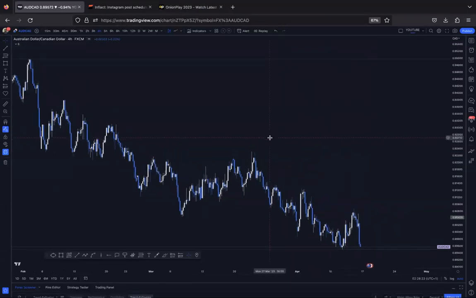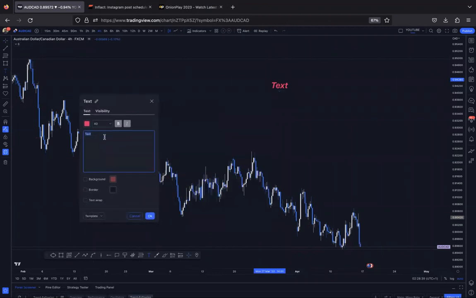Okay, so I introduced this course with top-down analysis. So in the top-down analysis, I look at three main time frames, right? I said you look at the weekly, the daily, and then the monthly, for the H4, right?